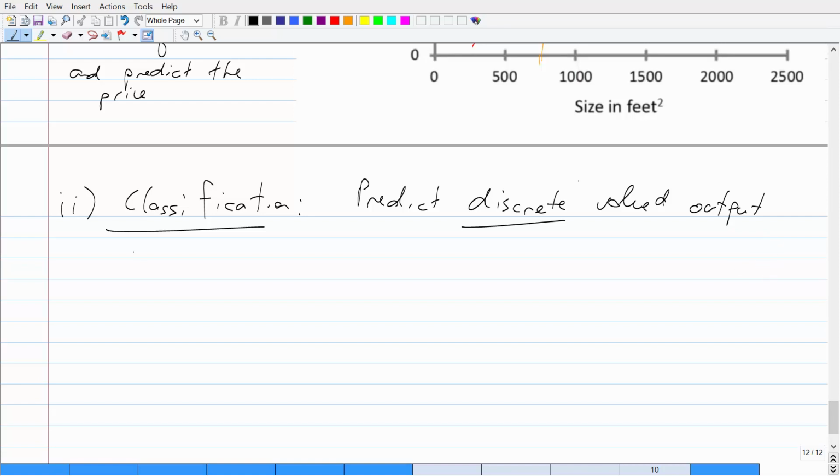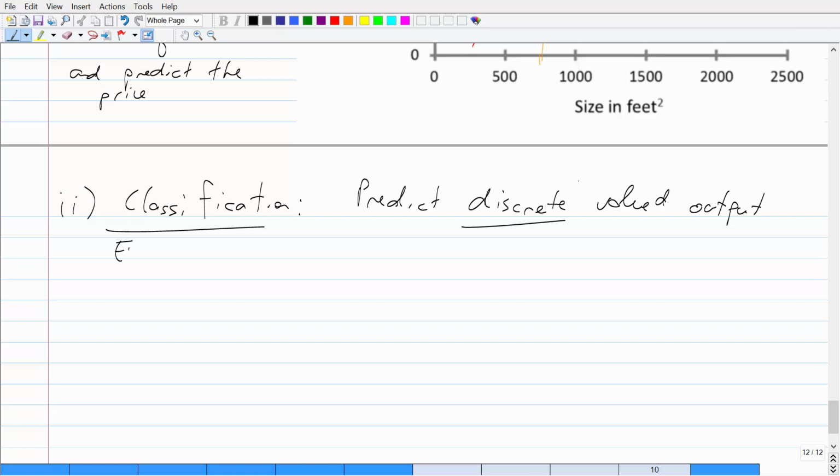Okay, so examples would be spam or non-spam, yes or no, 0 or 1, or if you want to figure out whether an object in an image belongs to a certain set of groups. So it doesn't have to be 0, 1, it could be 0 up to n. So it doesn't have to be 2 classes, it could be multiple classes if you wish.